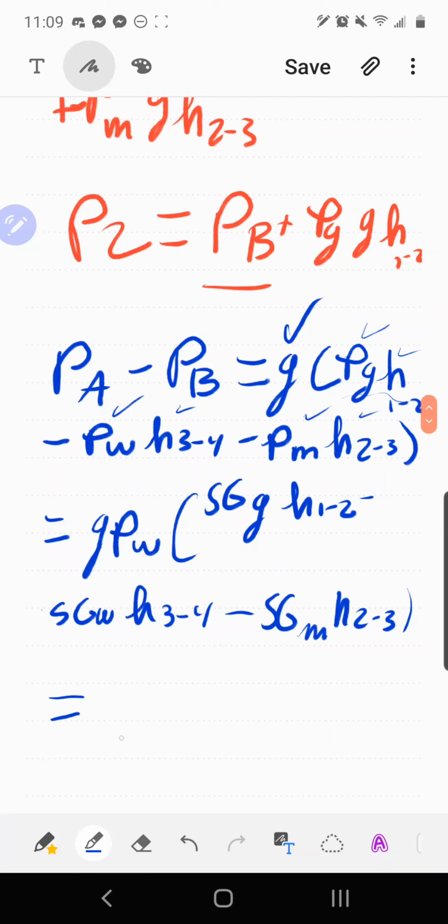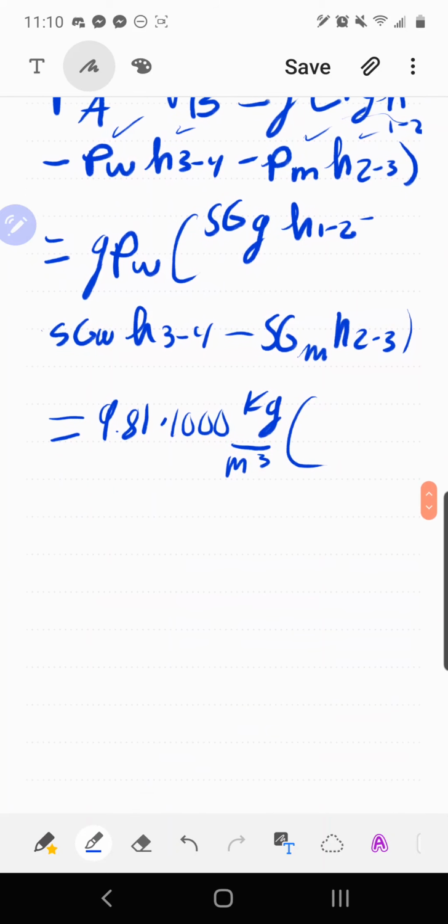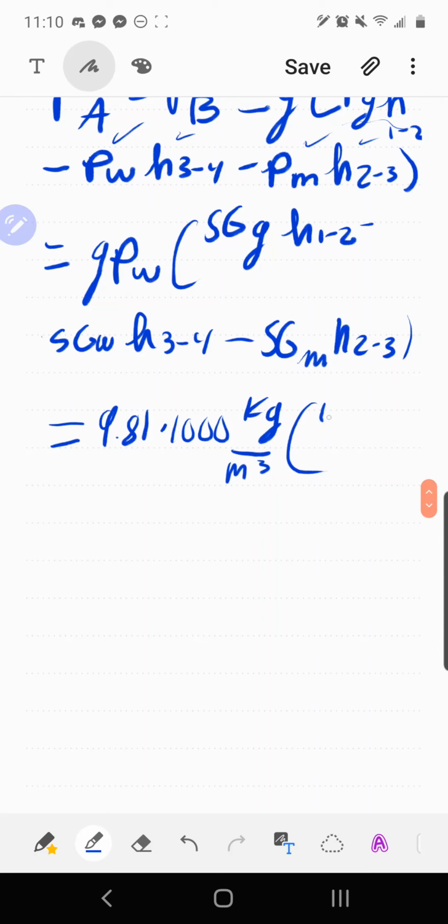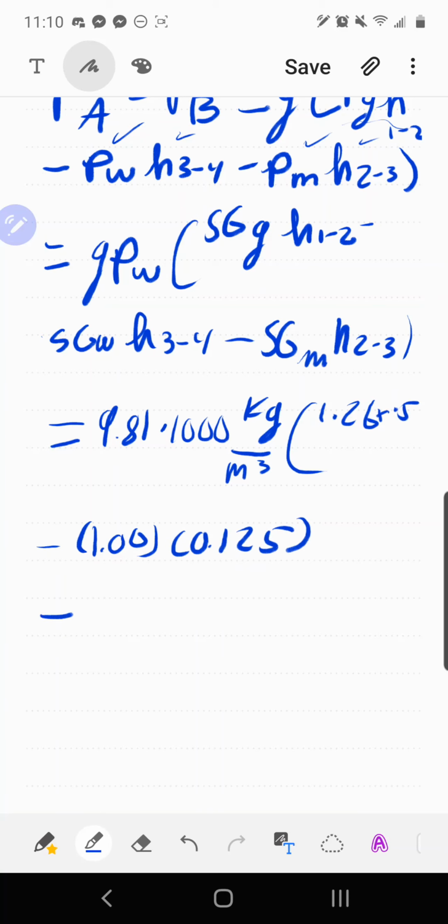So this is going to be 9.81 times 1,000 kilograms per meter cubed times, okay, I'm going to write this down here, 1.26 times 0.5 minus 1 times 0.125, minus again 13.6 times 1 minus 0.125.